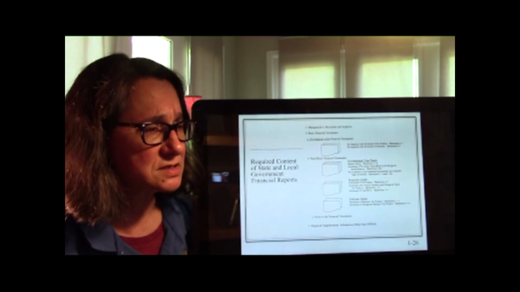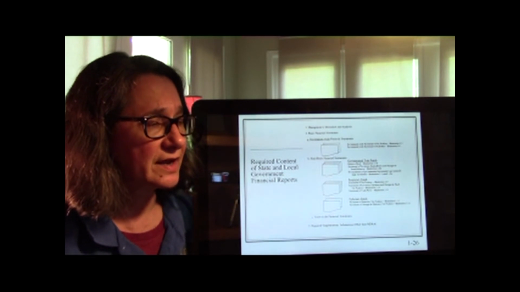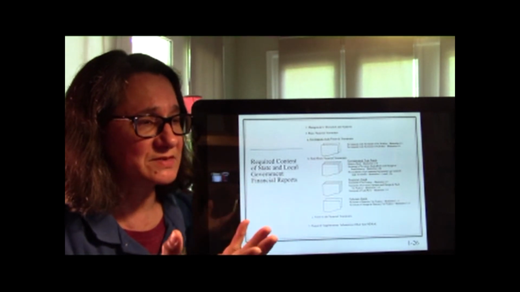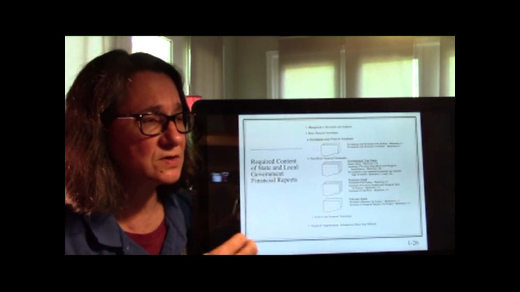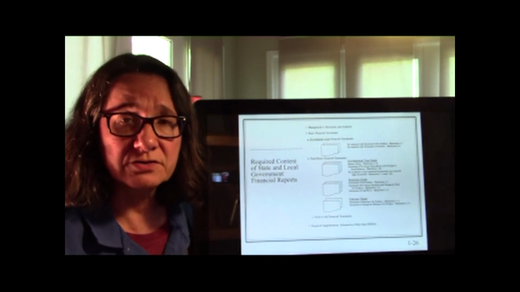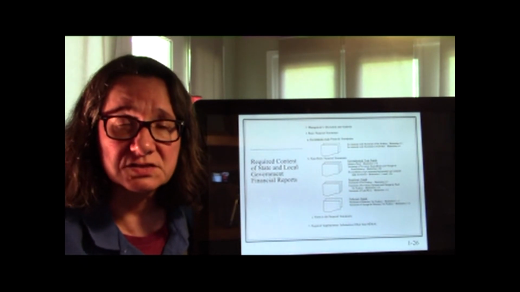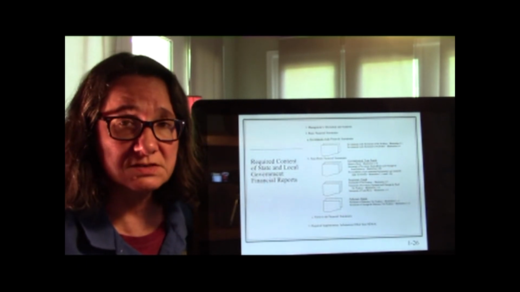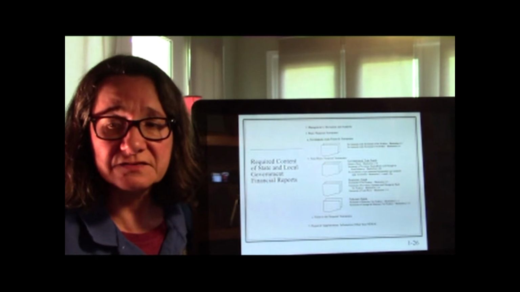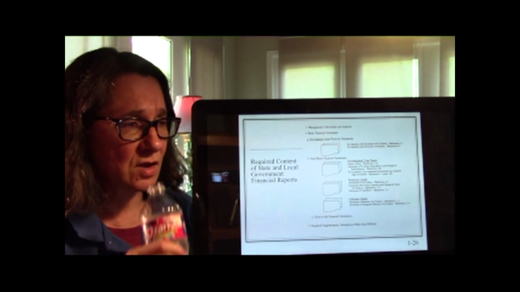All right, so understanding a couple of different things here, I'm just going to use a city for an example. A city reports, there's going to be management discussion and analysis. So MD&A, like you're used to seeing at the beginning of a 10-K or financial report for a for-profit organization, they have those. It may be different, but it exists.